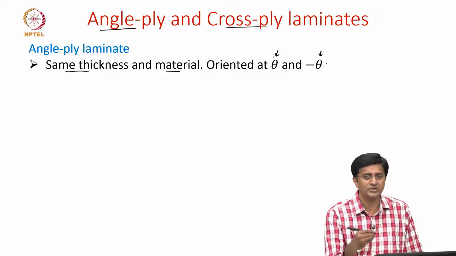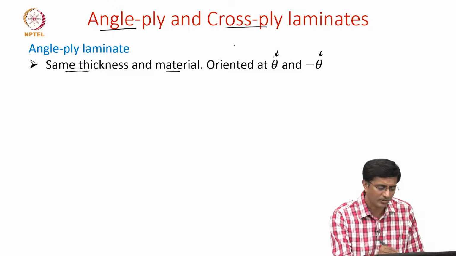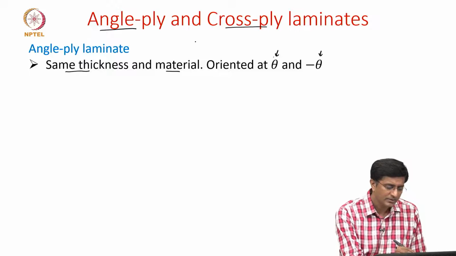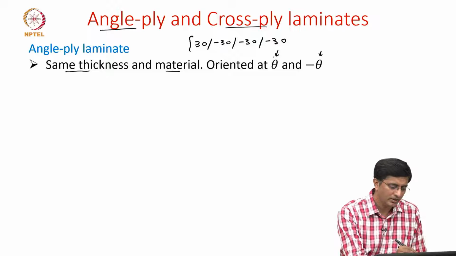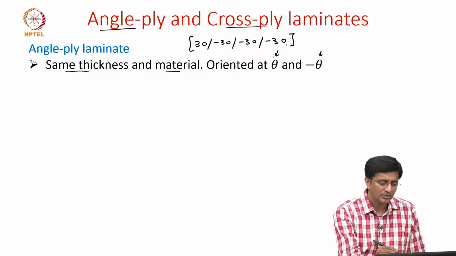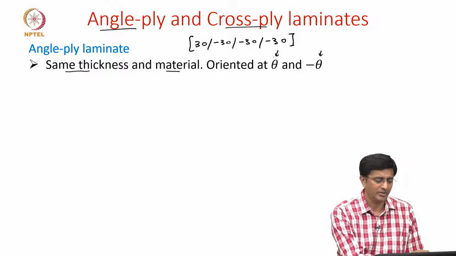Let's say theta is 30 degrees, then all layers in this laminate are either 30 or minus 30. For example, I could write a laminate sequence as 30, minus 30, minus 30 and minus 30. Since it only has 30 and minus 30, we can call it an angleply laminate.